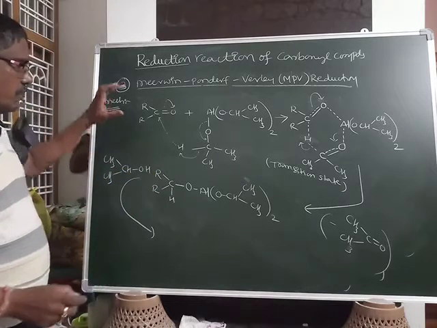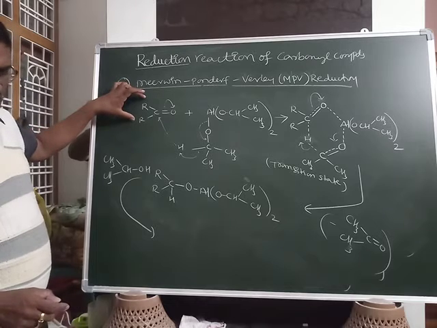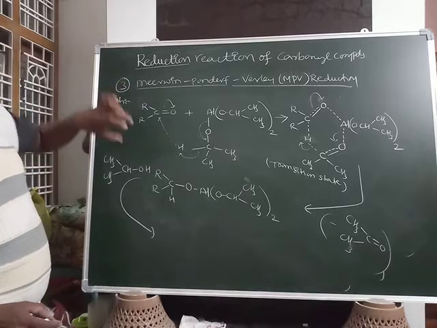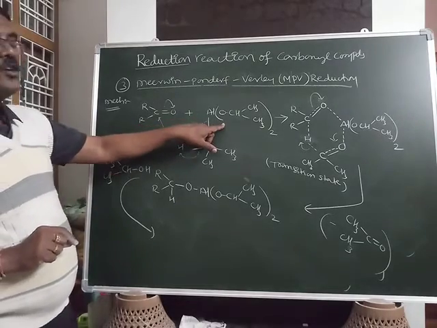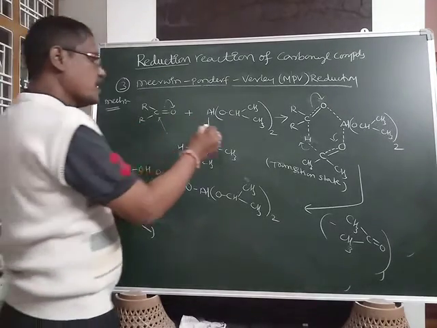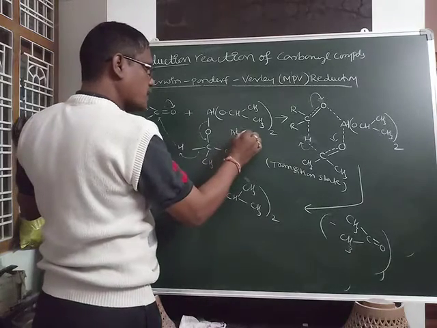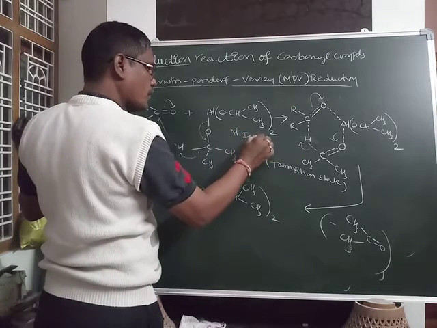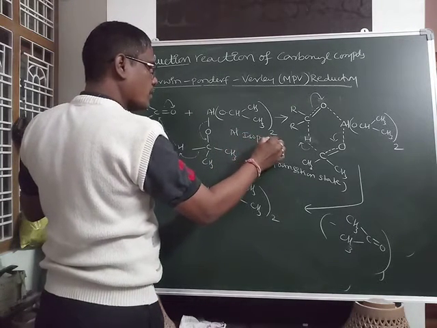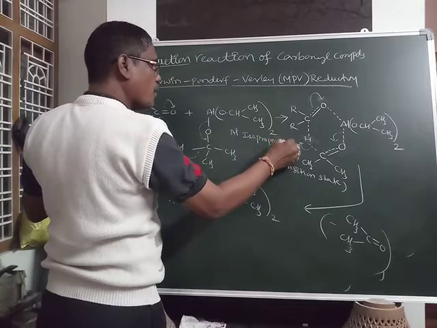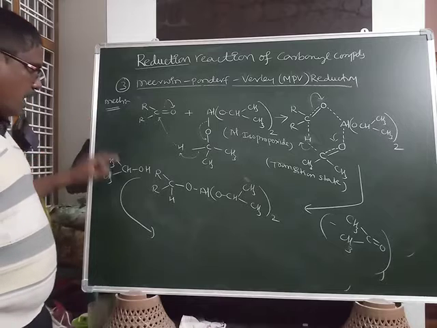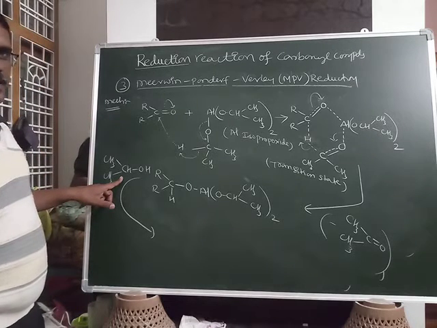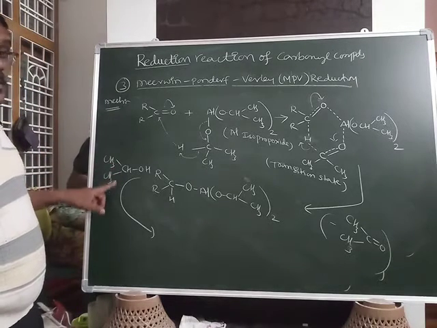I have already given the statement: ketone reduces into secondary alcohol in the presence of aluminium isopropoxide. This is the aluminium isopropoxide, and here the secondary alcohol is isopropyl alcohol.